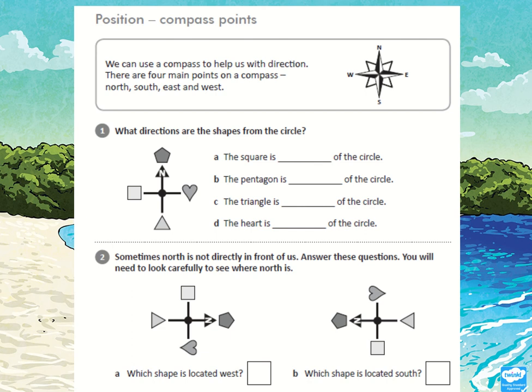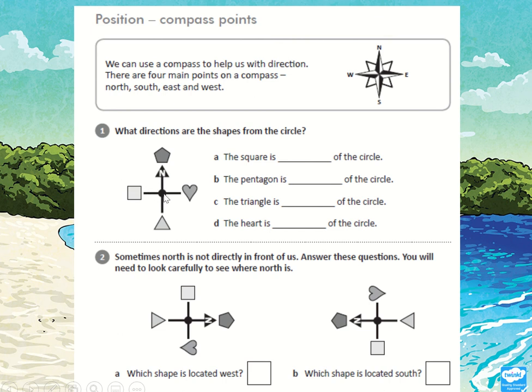Okay, these are the activities that you're going to be working on today. So we're going to be looking at a compass. Number 1, which directions are the shapes from the circle? So let's have a look. The square is from the circle. So the circle, the square is here.